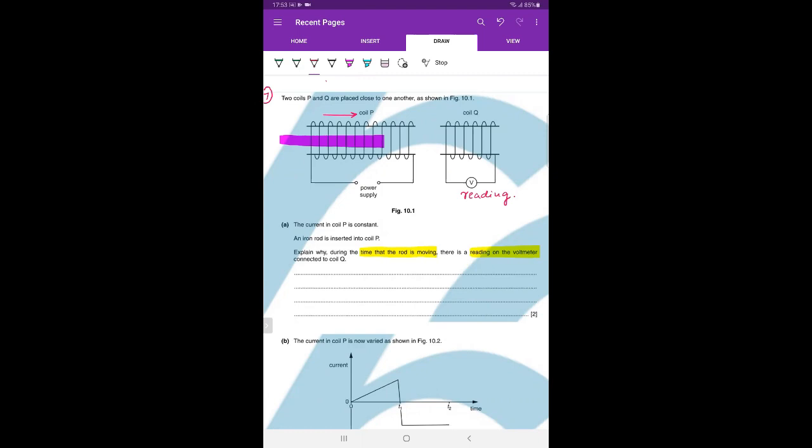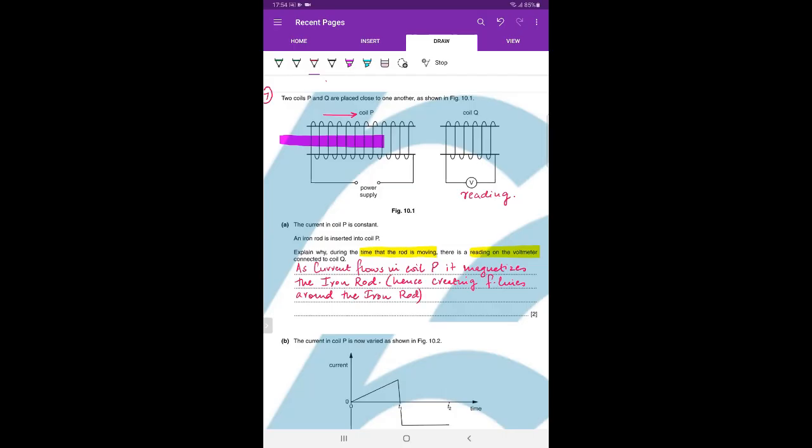Your statement should be along these lines. As current flows in coil P, it magnetizes the iron rod. ये पहला statement हो गया.